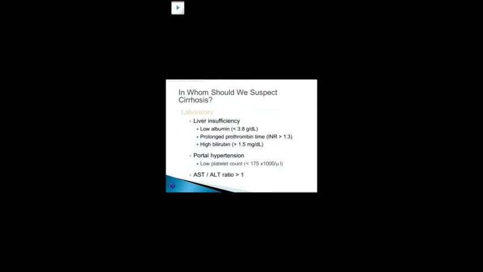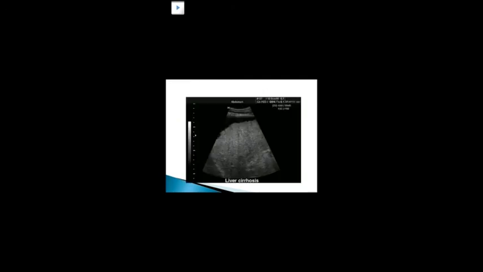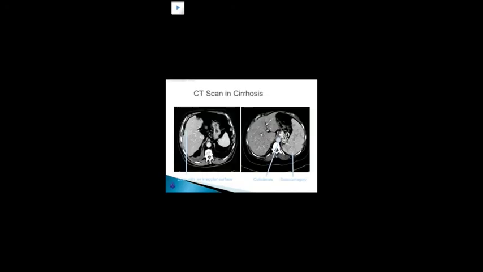Small liver span, splenomegaly, signs of decompensation: jaundice, ascites, asterixis. So there is liver insufficiency, low albumin, prolonged prothrombin time, high bilirubin, portal hypertension, AST-ALT ratio greater than 1. This is the sonography wherein you have liver cirrhosis findings.